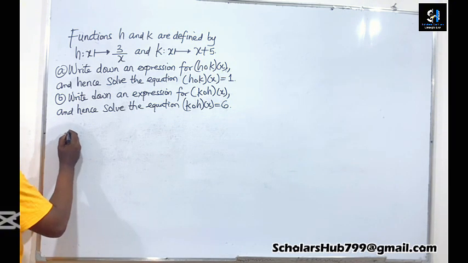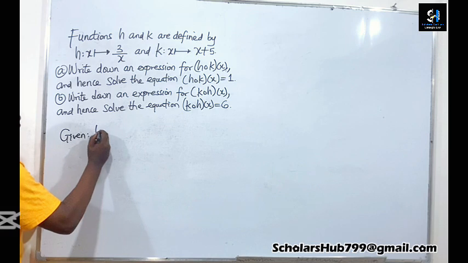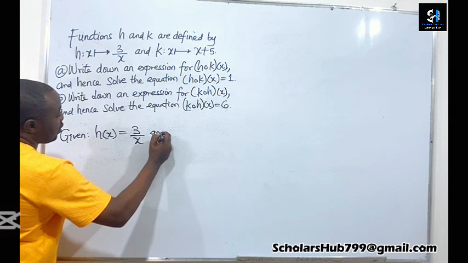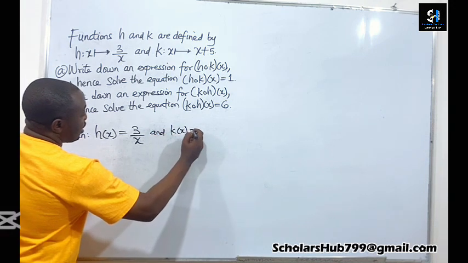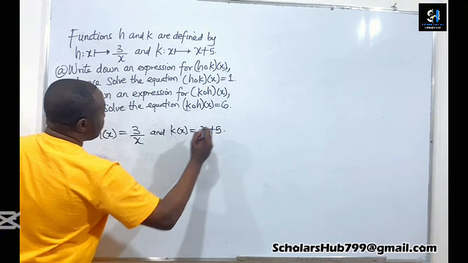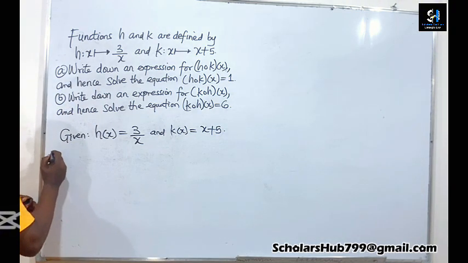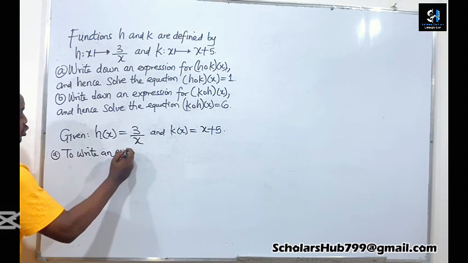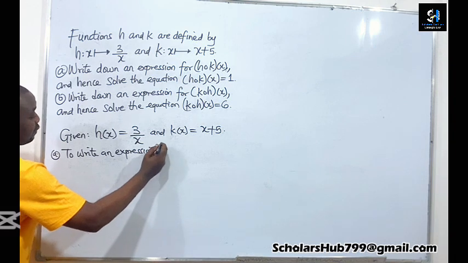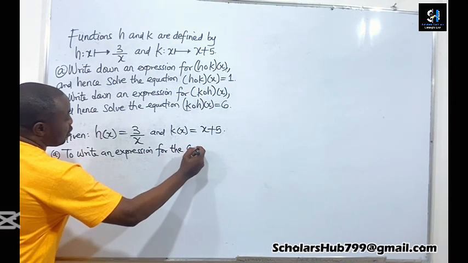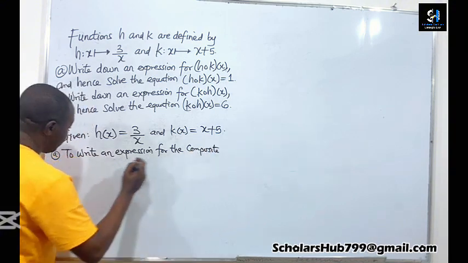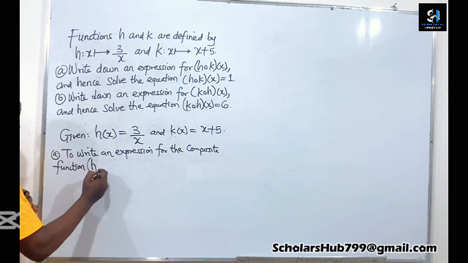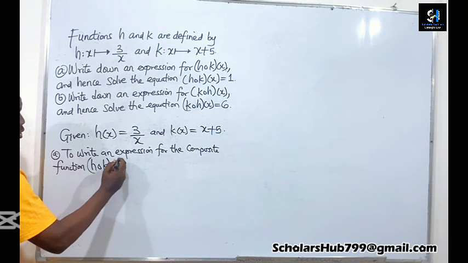All right, so we're given h of x equal to 3 over x, and also function k of x is equal to x plus 5. Now, the first question is for us to write an expression for the composite function hk of x.